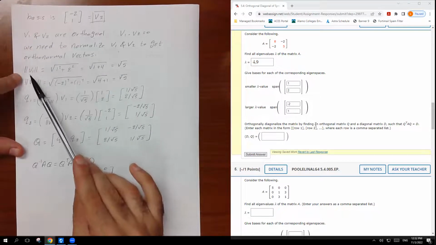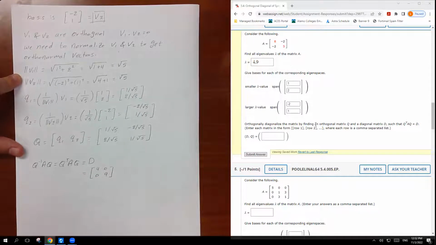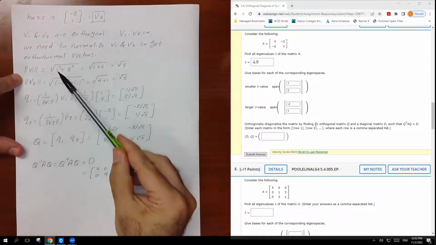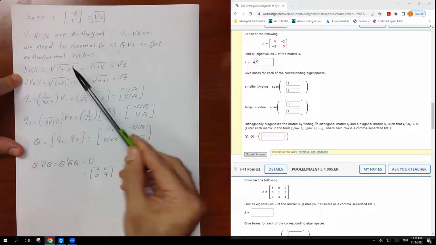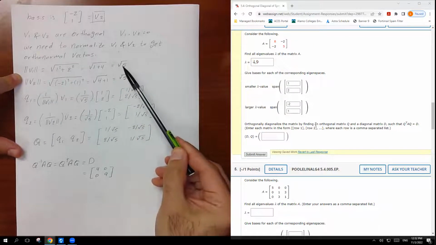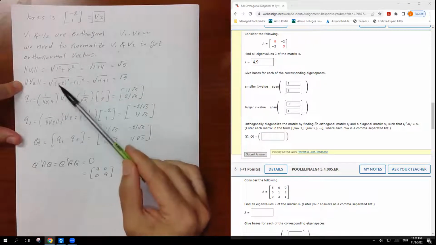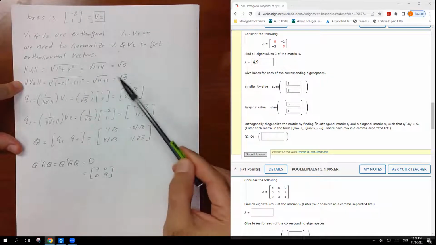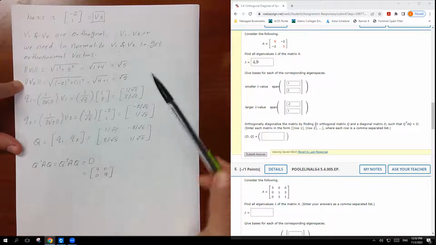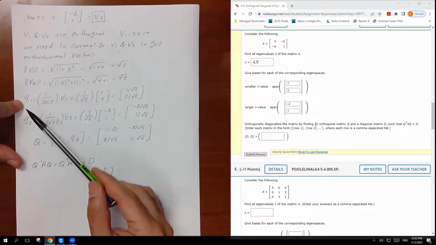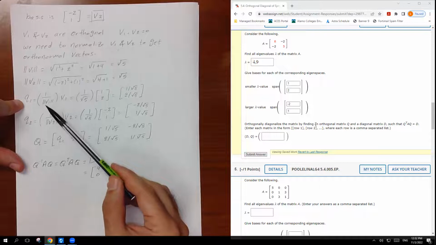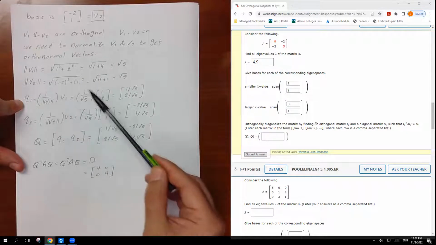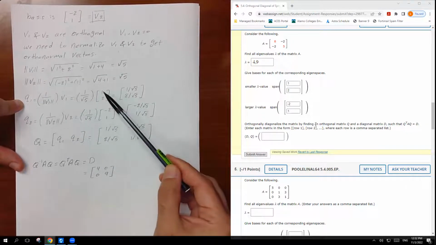So the length of V1 is the square root of 1 squared plus 2 squared, which is 1 plus 4, which is 5. The length of V2 is the square root of -2 squared and 1 squared, which also is square root of 5. That means Q1 is 1 over the length of V1 times V1, 1 over square root of 5 times 1, 2.